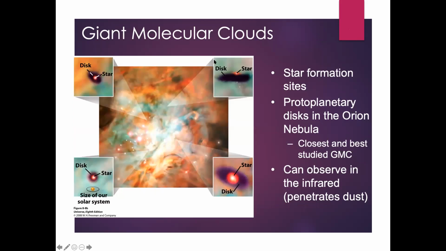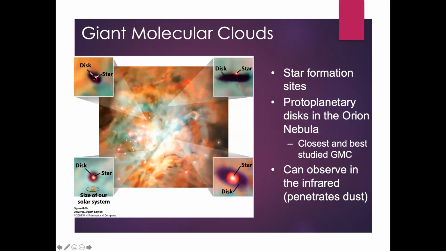And here we can see in this image, this is the Orion Nebula. These are different images that we've seen through telescopes of nebulae that are collapsing in on themselves.